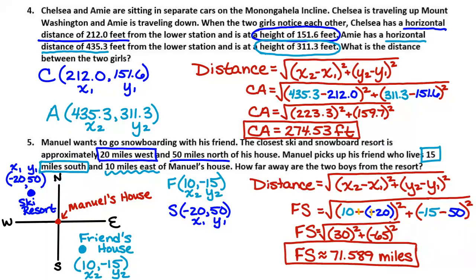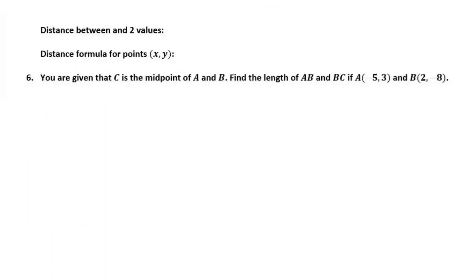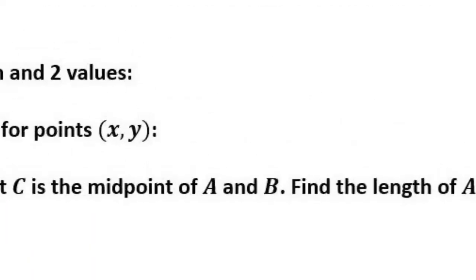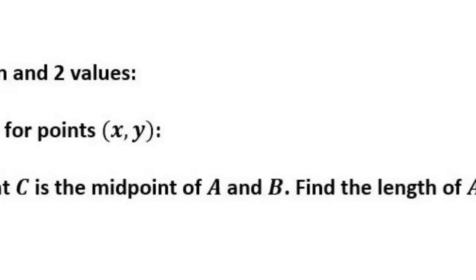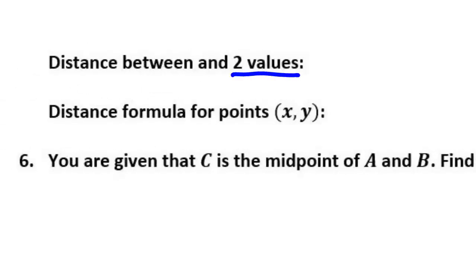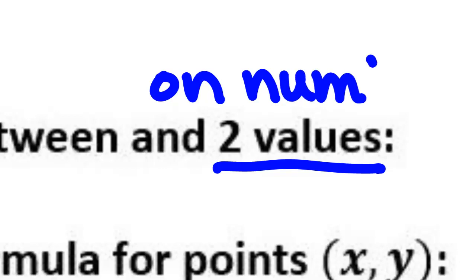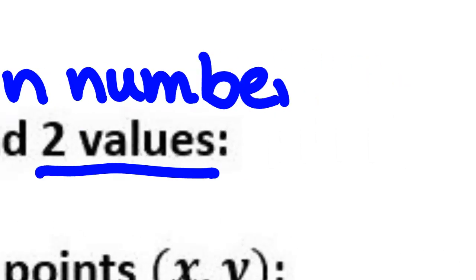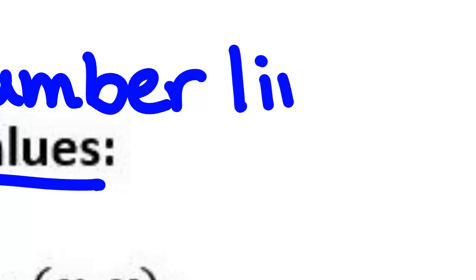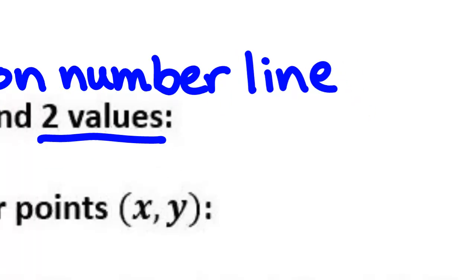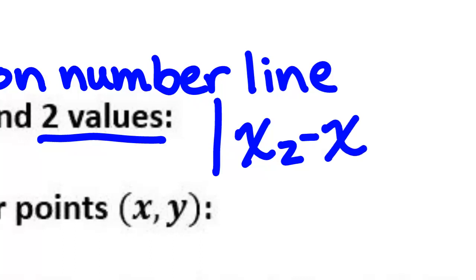Let's flip it over to page 11. There's one thing up at the very top. First thing we're going to do is write down our two distance formulas. If I'm just going between two values on a number line, the way we find the distance is the absolute value of x2 minus x1.